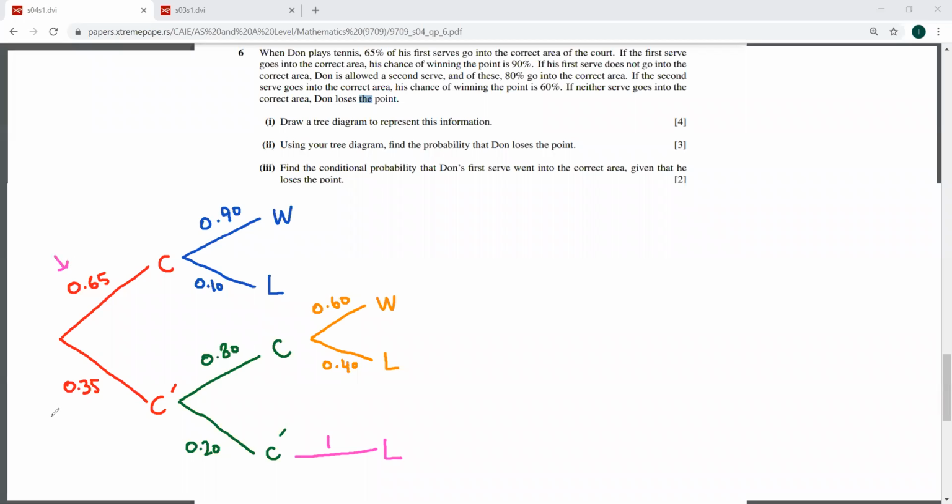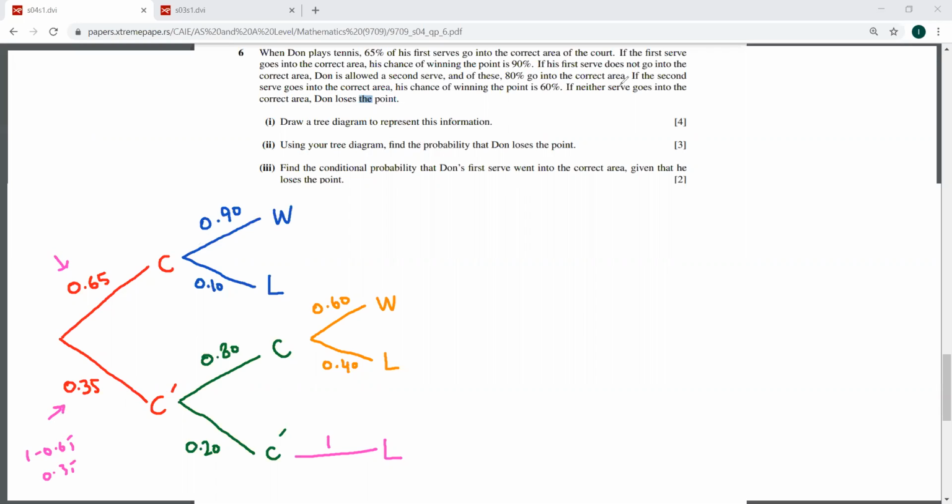But this one you have to find yourself, 1 minus 0.65, so that is 0.35. And please remember, probability is mostly given as a percentage, so 65% of going to the correct area means the probability is 0.65.